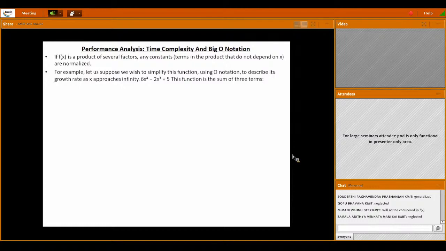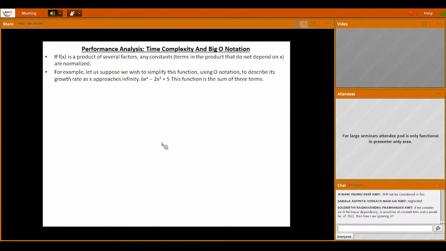That is a very pertinent question. So let me first start with what we know, and then we'll go to taking the code and converting our code into a mathematical model. For example, suppose we wish to simplify a function using the O notation. The expression is a simple one: 6x to the power of 4 minus 2x cube plus 5.